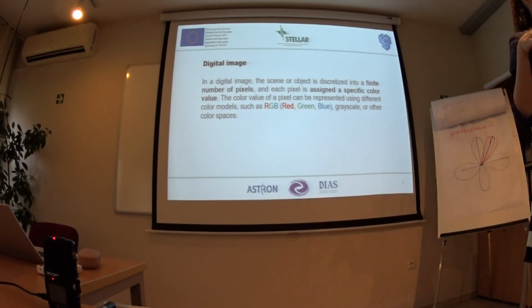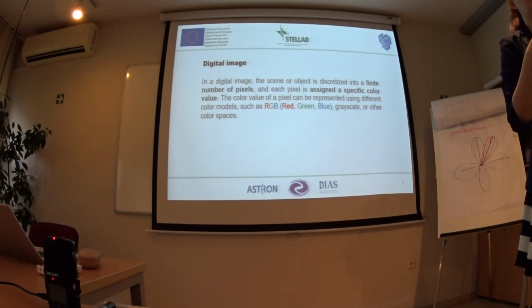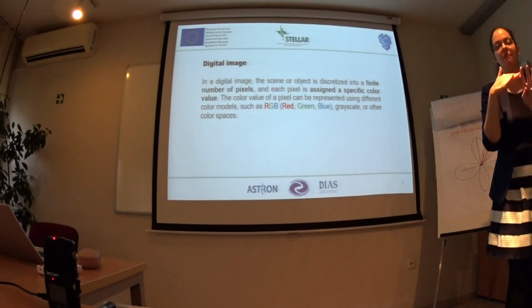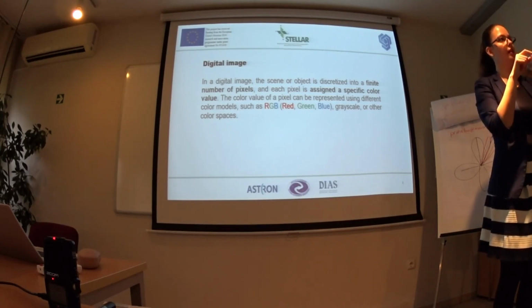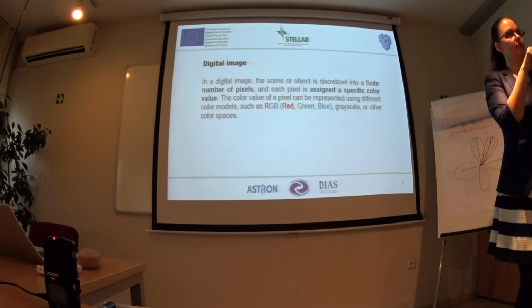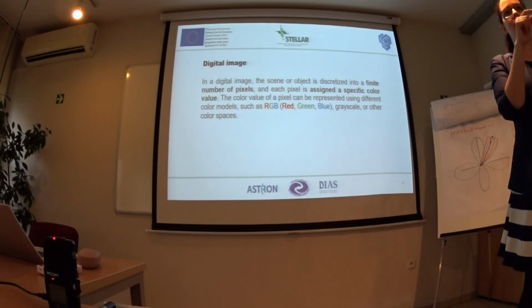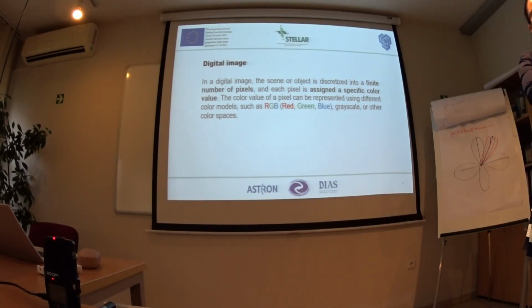But if you have three colors, those will be the basic colors: yellow, blue, and the third one will be red. The yellow and the blue will give me the green.